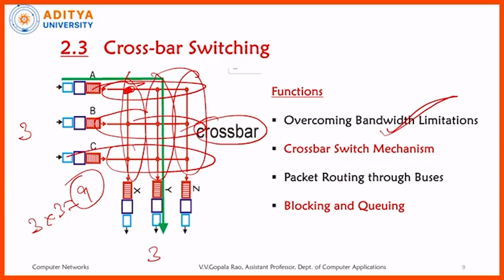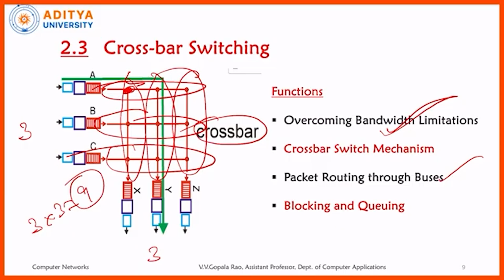And of course, here packet routing through buses. Here also routing is possible, but the packet will travel by using any bus that is vacant, as suggested by the router in the overall scenario. So the router is going to direct the packet to the best path, and it has to travel through the bus.